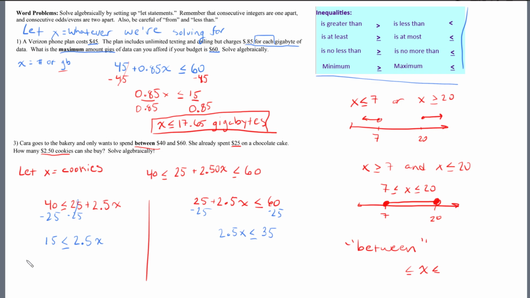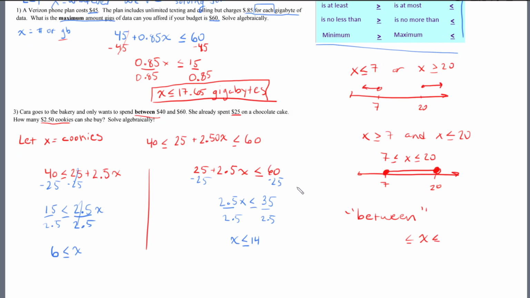All right, let's get the x by itself. Let's divide by 2.5. So 15 divided by 2.5, that is 6, less than or equal to x. And we have x less than or equal to 14.